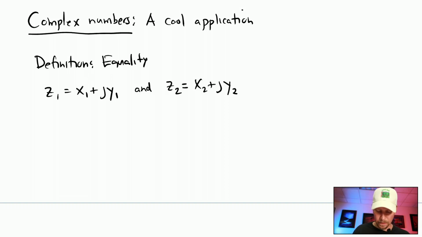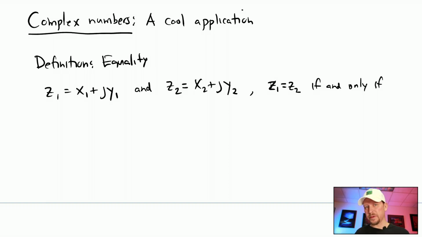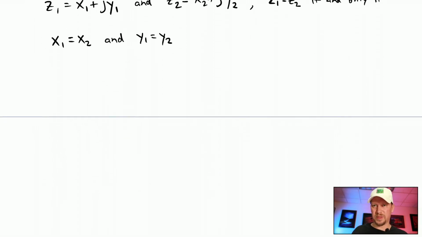Then we say that z1 and z2 will be the same if and only if the real part of one complex number is equal to the real part of the other, and the imaginary part of the complex number is equal to the imaginary part of the other. So here, these two are equal if x1 is equal to x2, and y1 is equal to y2. You'll see where this comes into play here in a second.